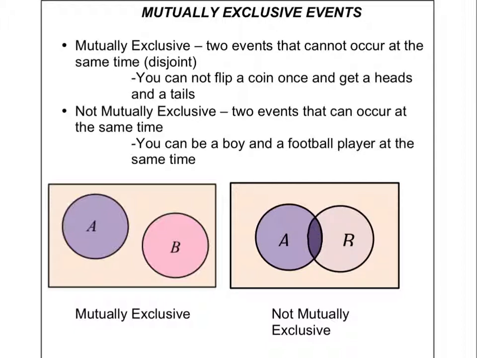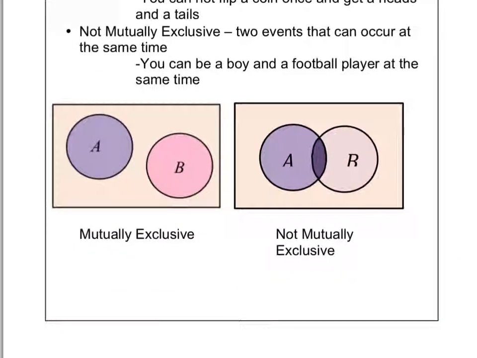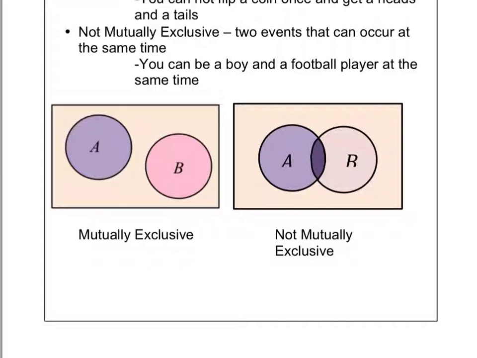Another example of not mutually exclusive would be this. If you were a queen and a heart, can you be a queen and a heart at the same time? Well, sure. You have the queen of hearts. So this is not mutually exclusive.